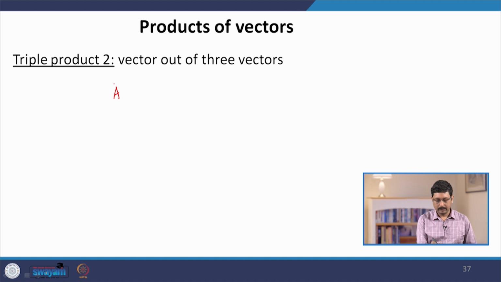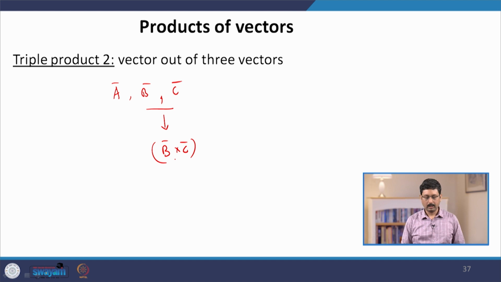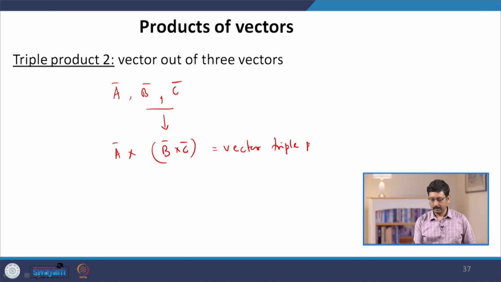Again you take these 3 vectors A, B and C. Now, if I take this pair, then I can make a cross product out of them, and then if I take a cross product of A, previous case I took a dot product between A and the cross product of B and C, but you can also take a cross product, and this is called a vector triple product, because the resultant is a vector, because this is a cross product. So, this is a double cross product.